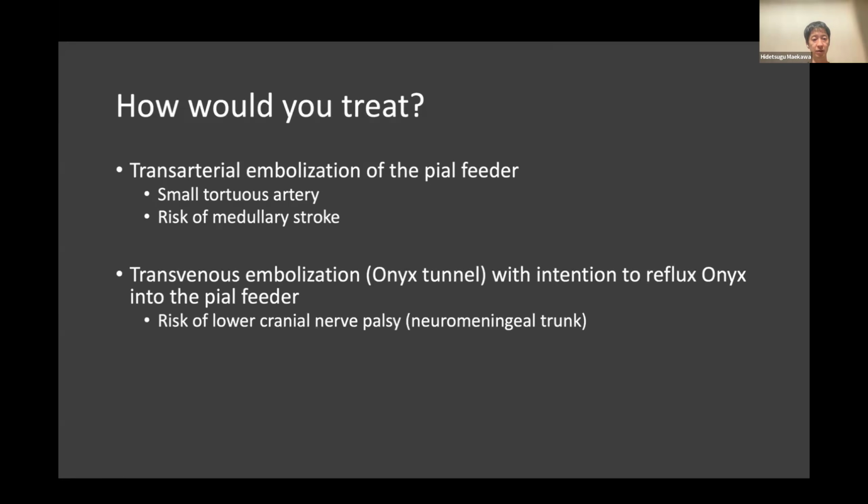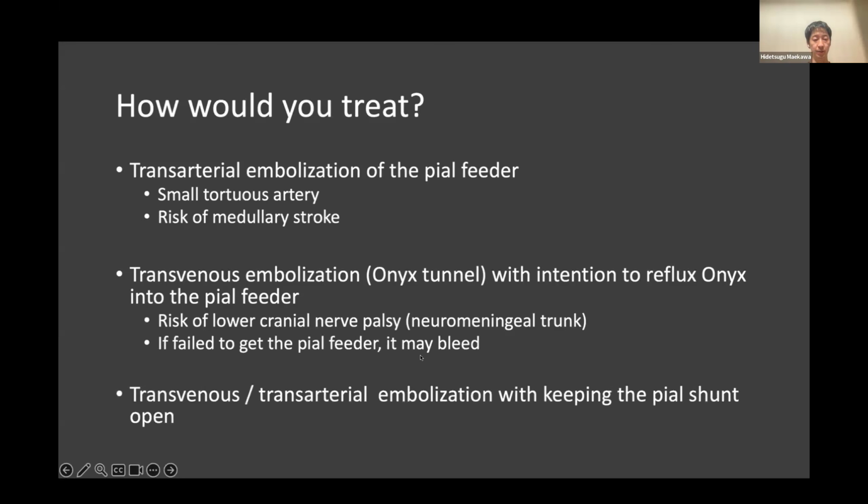But I think the risk of lower cranial nerve palsy is unignorable. And if we fail to get the PL feeder, then I think it may bleed.